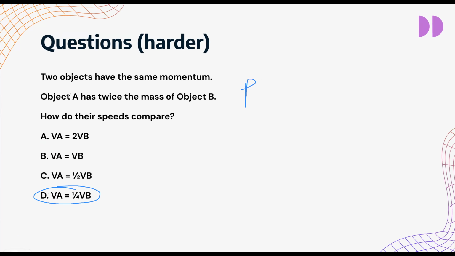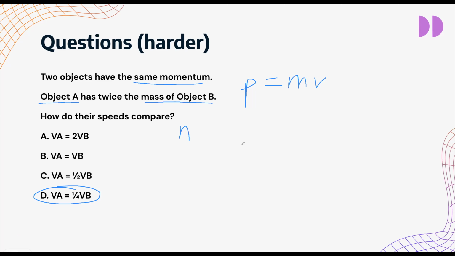So we know these two objects have the same momentum. So P of object A is going to be equal to the momentum of object B. We also know that object A has twice the mass of object B, and we know momentum is mass times velocity.